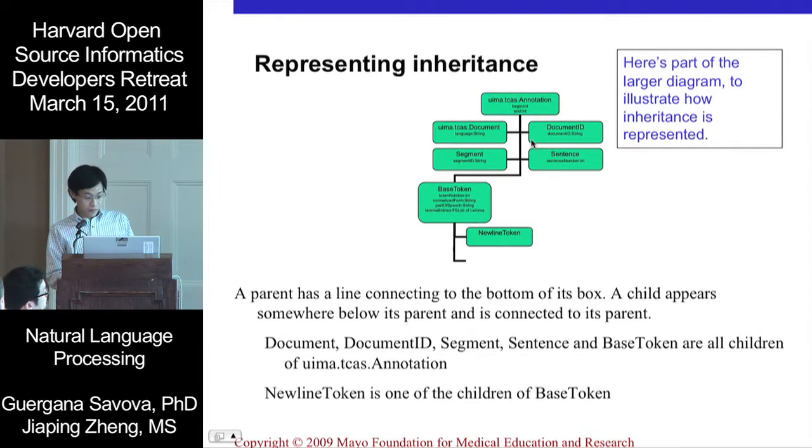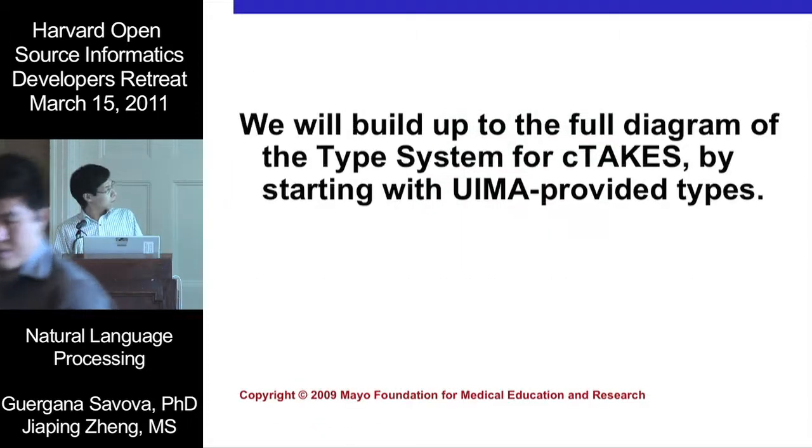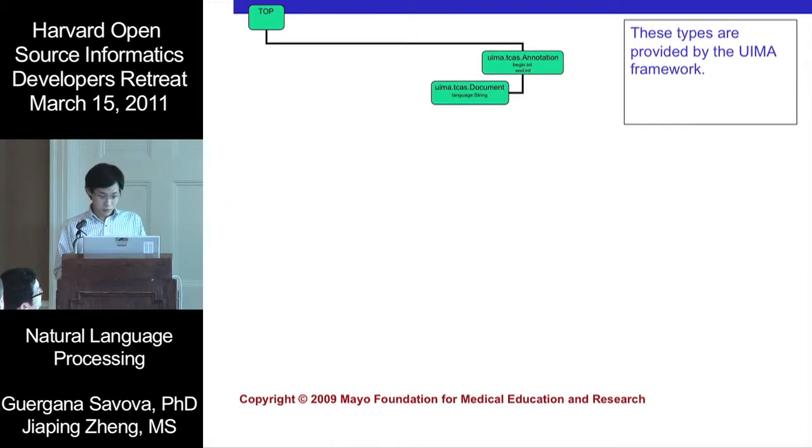They inherit from the annotation class, and it's pretty obvious from the names that this is a segment or a few paragraphs of the document, or a sentence of a document. A base token is just something like a word.